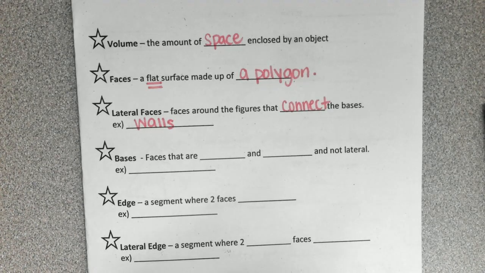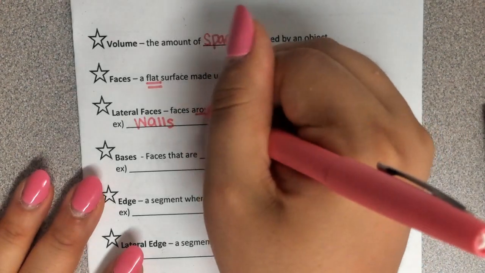So I'm going to say this and it's going to be real confusing. Listen carefully. All of them are faces. Your bases are also faces. You have your top and bottom, and then you have your lateral, which means around. Everybody underline that word, around.